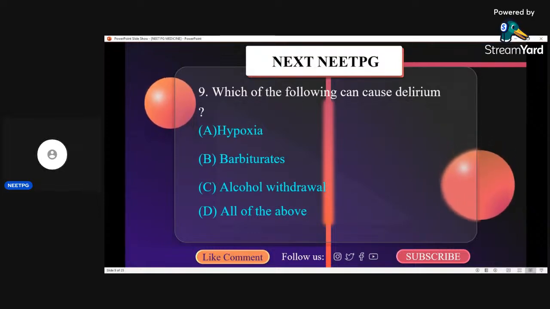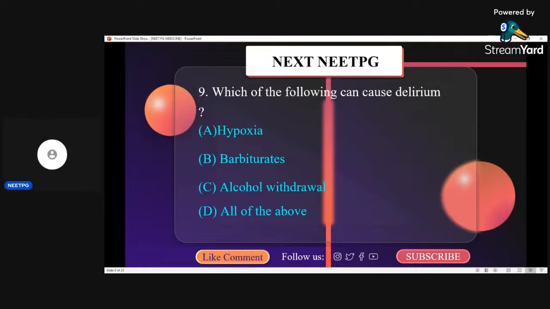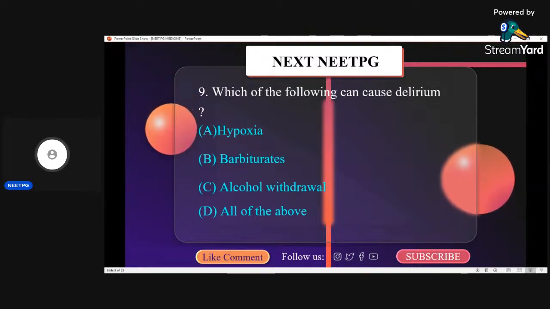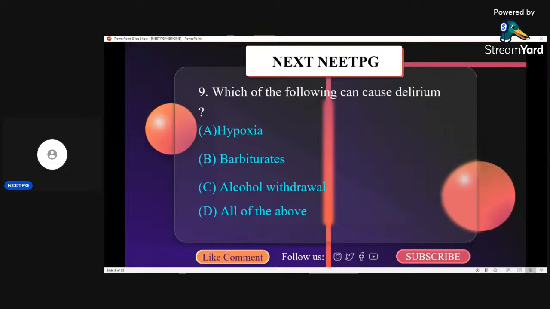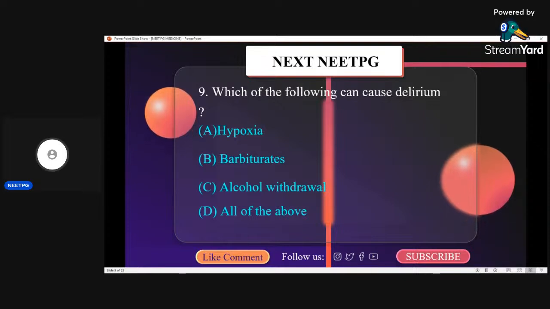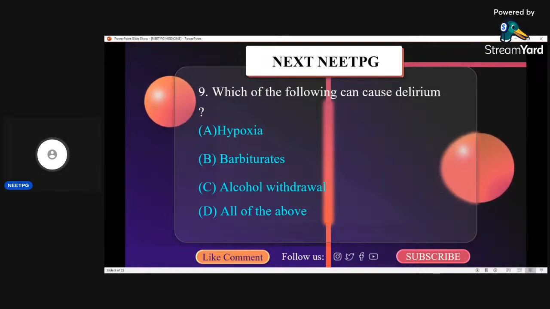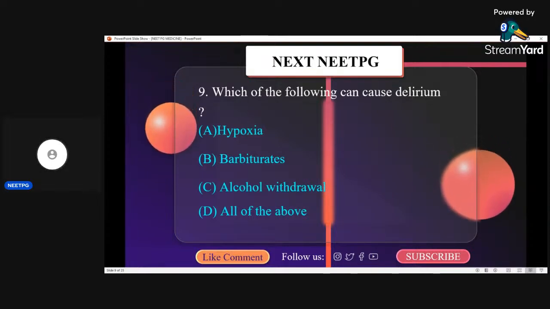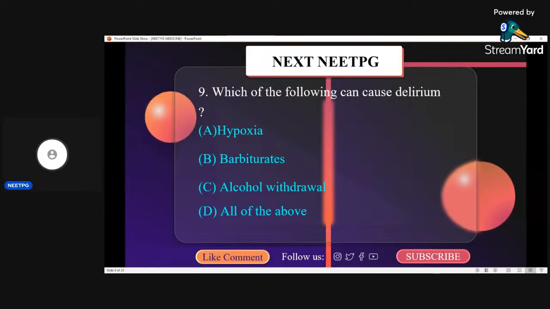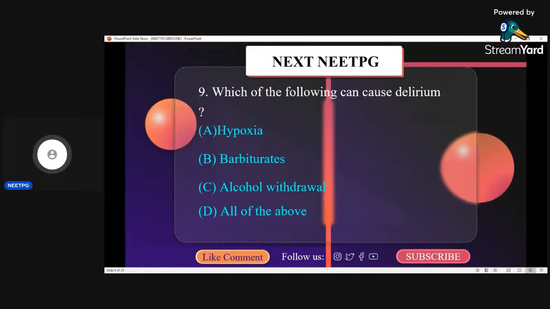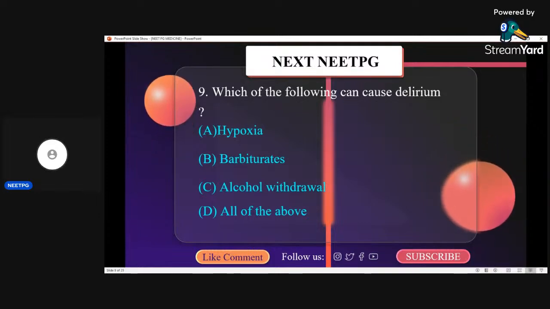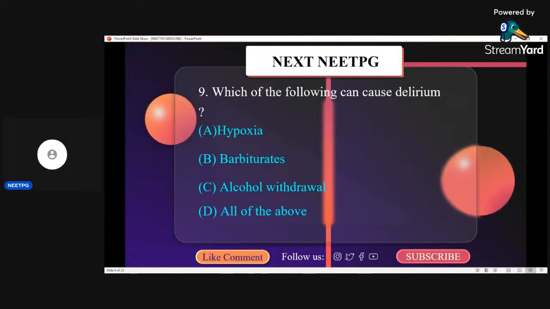Important causes of delirium are trauma. Whenever there is a head injury or subdural hematoma, it can cause delirium. Infection: septicemia, pneumonia, endocarditis. Then metabolic: hypoxia, hypercapnia, uremia, CHF, hepatic failure, porphyria, metabolic acidosis or alkalosis, water and electrolyte imbalance. Endocrine: hypo or hyperpituitarism, hypo or hyperthyroidism, hypo or hyperparathyroidism, hypo or hyperadrenalism.